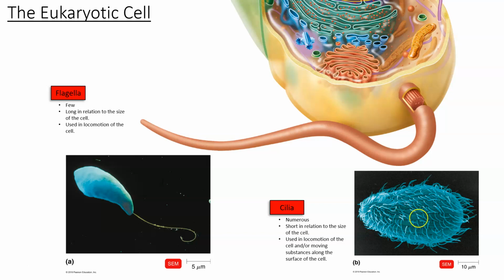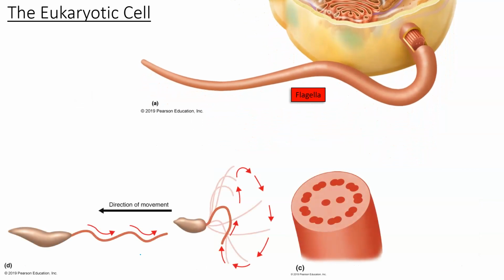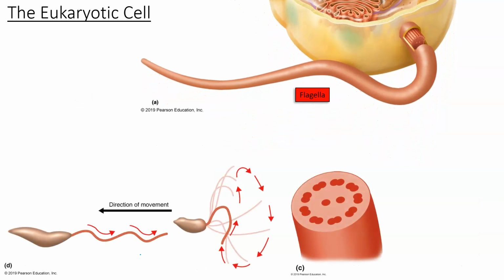They work in a wave-like motion, which helps move these substances around in order to bring them in at certain ports, whereas the flagella are typically associated with one area, and those are used specifically to help propel the individual cell around its environment.